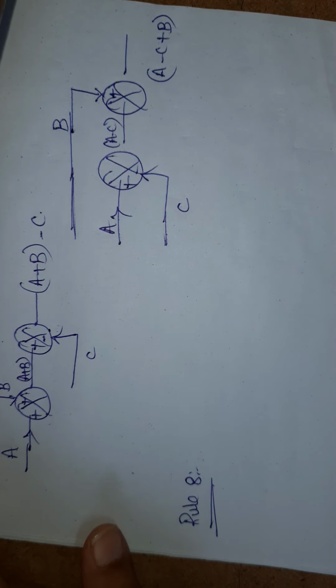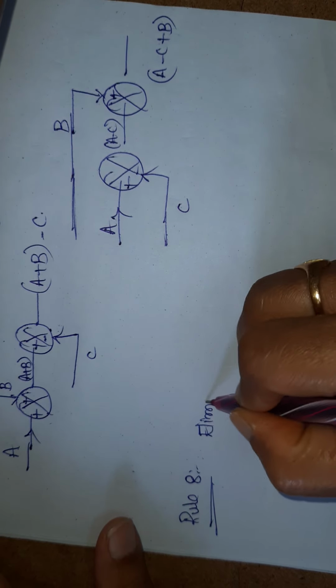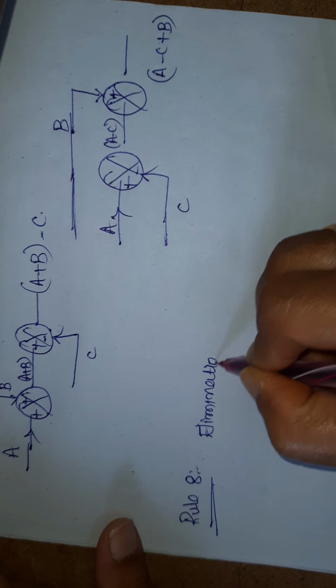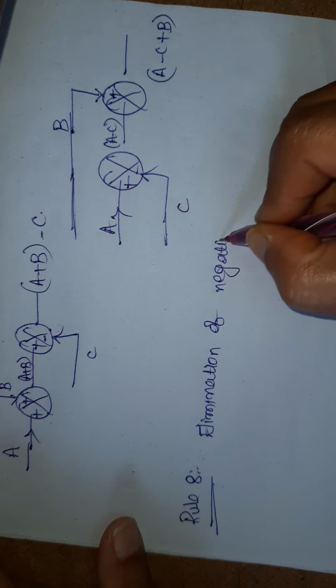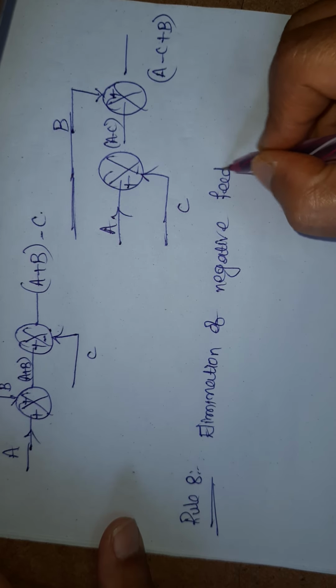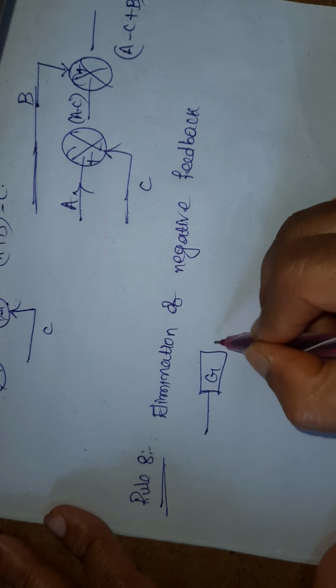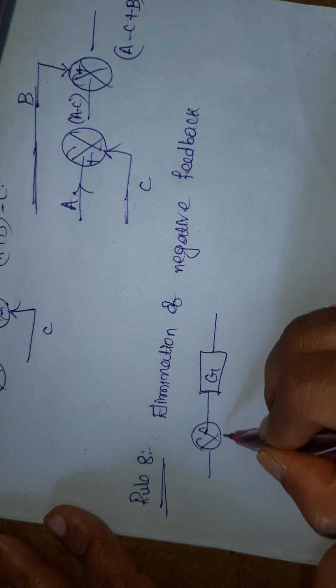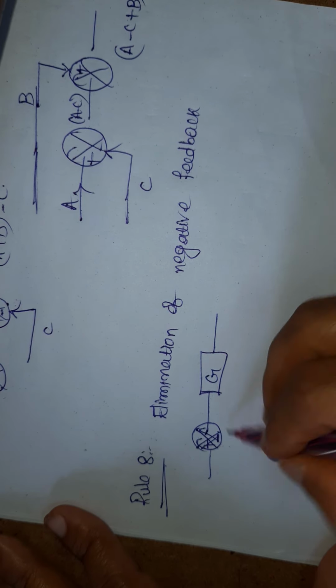Next, elimination of negative feedback. Negative feedback means like this. This is G, minus here, plus.